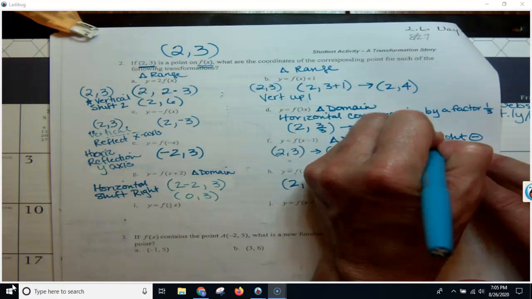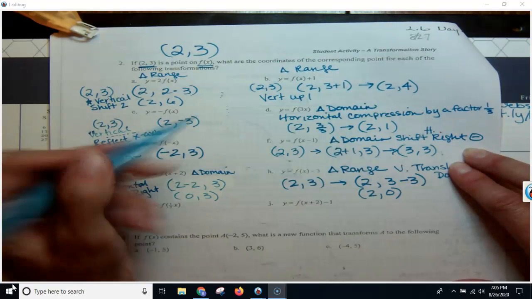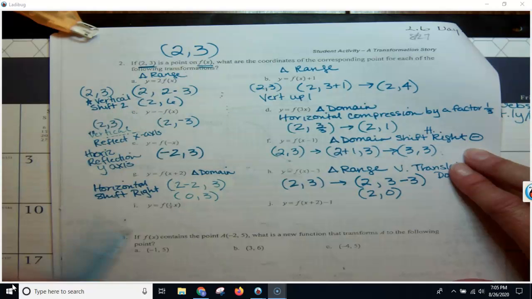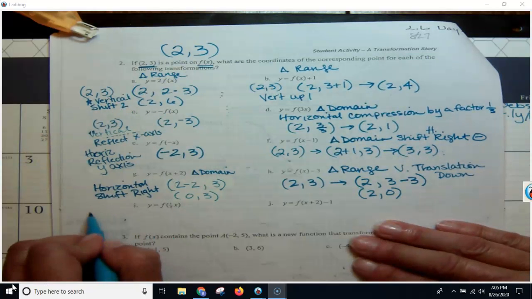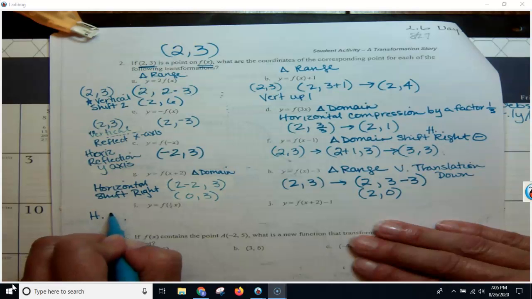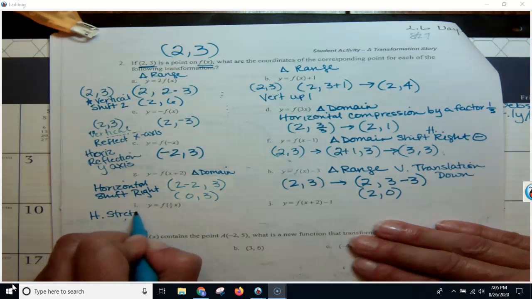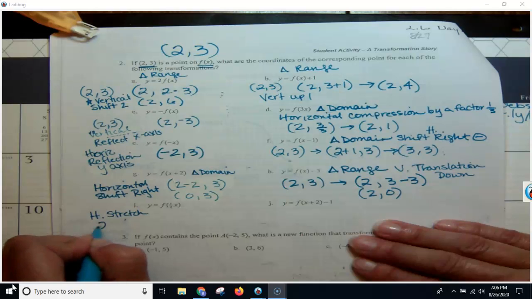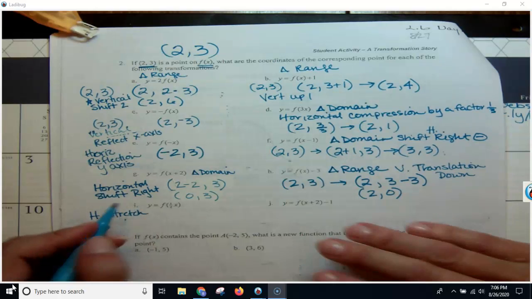Here we've got a horizontal stretch because the value is 1/2. So it's a horizontal stretch by the value of 2. Remember, it's a reciprocal.